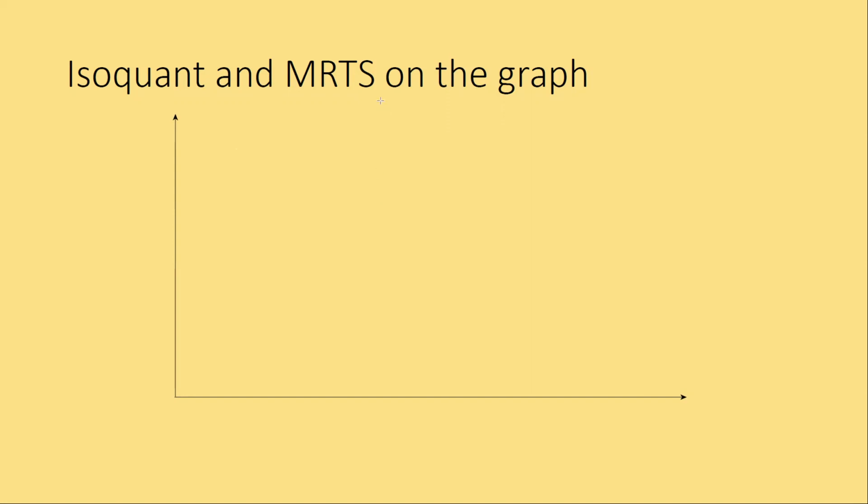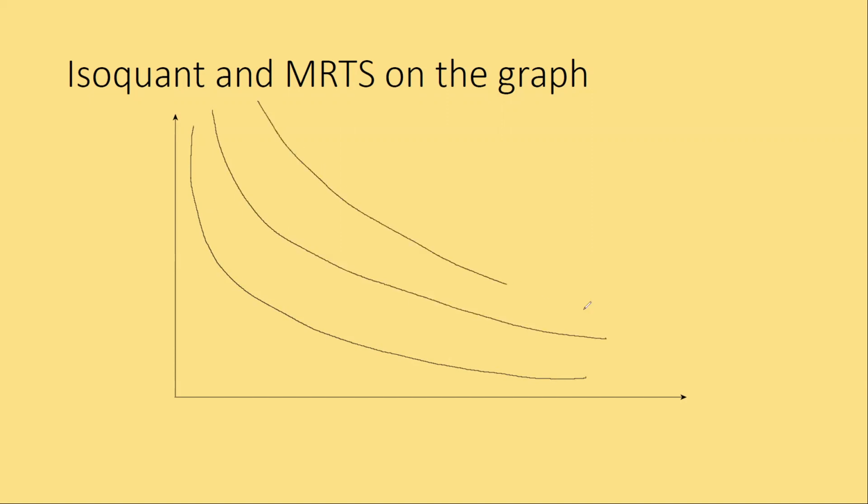But more generally, the isoquants are going to look like the indifference curves in shape, at least. So those will be the isoquants. And the marginal rate of technical substitution, as we were saying, is the slope of those isoquants.